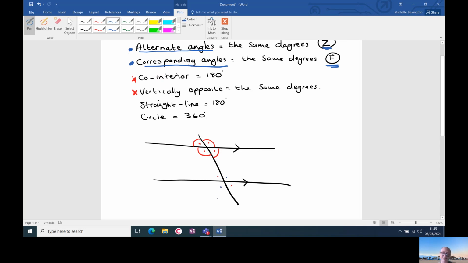And they will be the same degrees. So if that was 40, that will be 40. Straight line, that must be 140. So that must be 140. And the circle all together: 280 plus 80, 360.